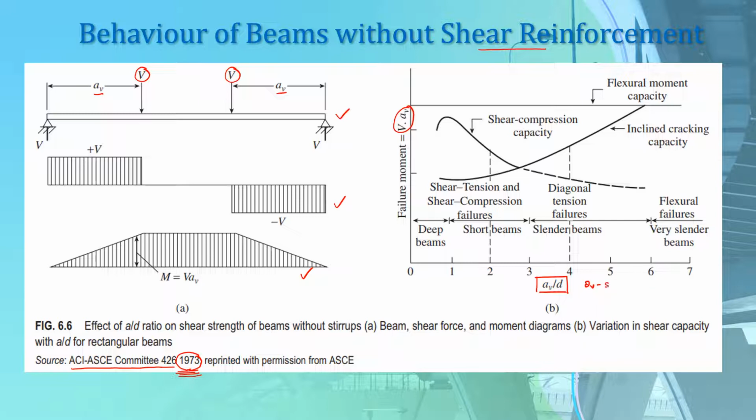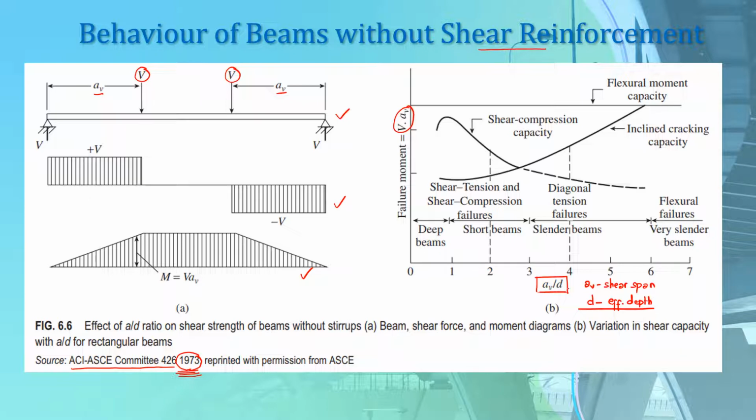This a_v is known as the shear span and this d is the effective depth of your beam. So we will study the behavior of our beams as we vary this a_v by d ratio.